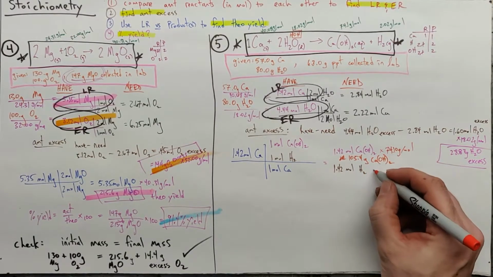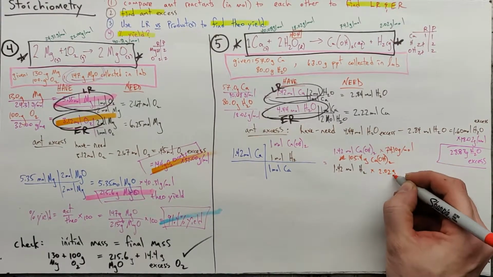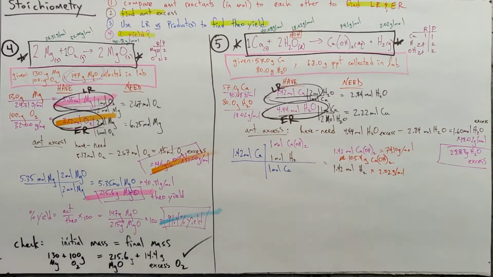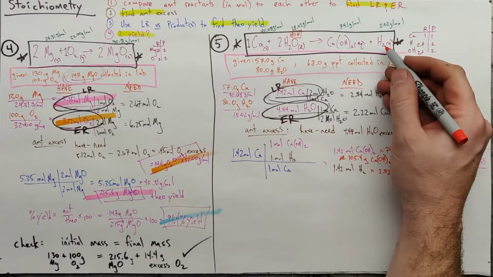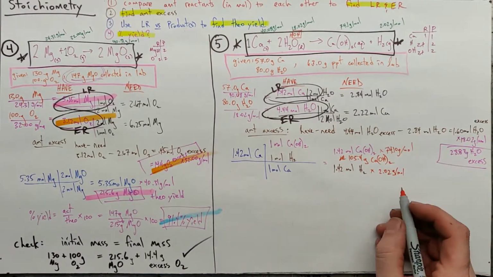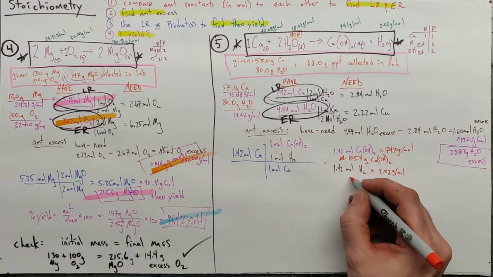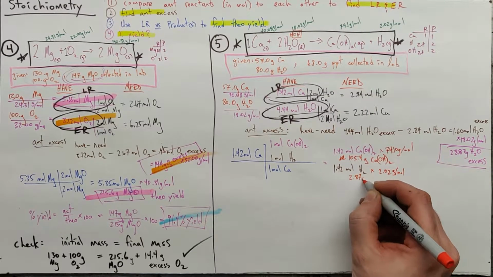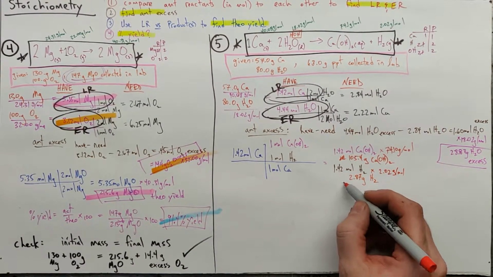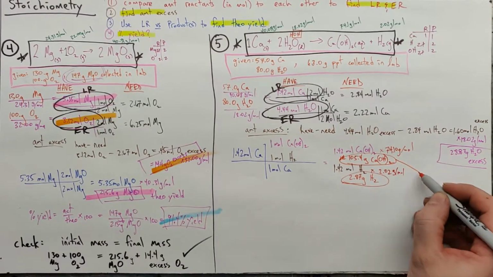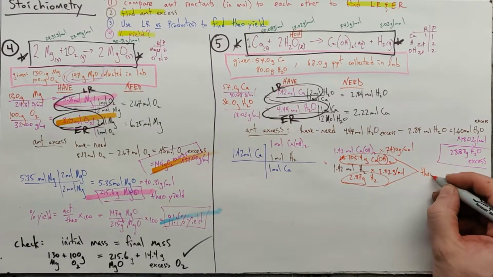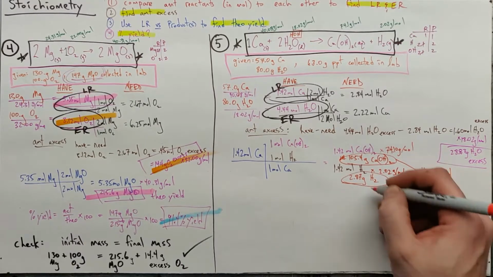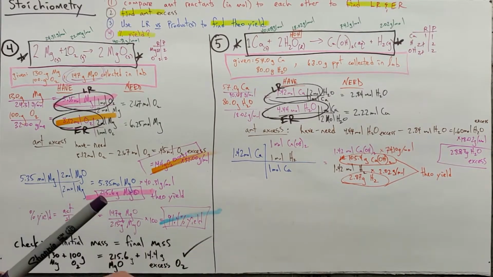And then for the hydrogen, we're going to multiply by 2.02 grams per mole, and that's right there. 1 hydrogen is 1.01 from the periodic table, so 2 of them is 2.02, and that gives us 2.87 grams of hydrogen. And that right there, those are our theoretical yield.